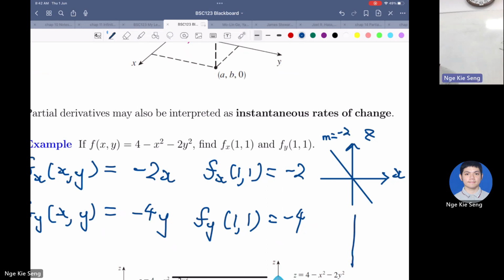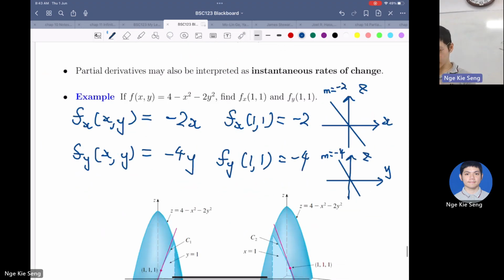The other one is z with respect to y, and here you also have the slope negative 4. So how do we put this into a picture?